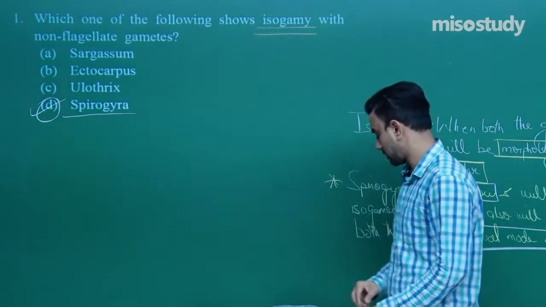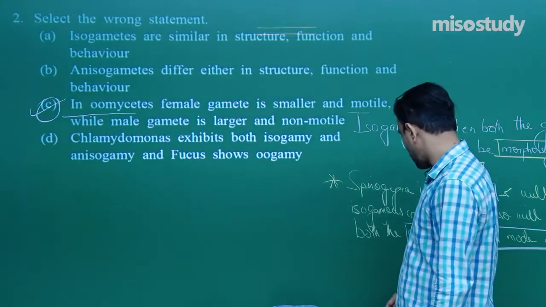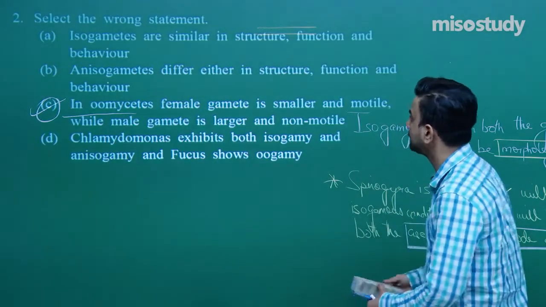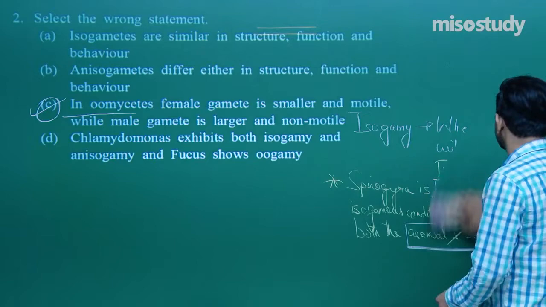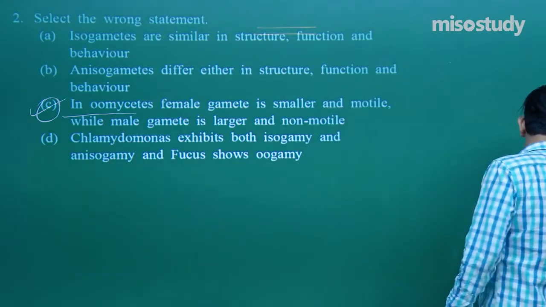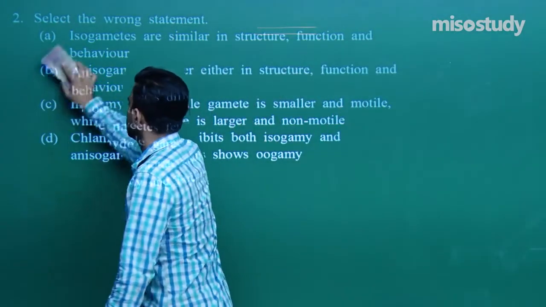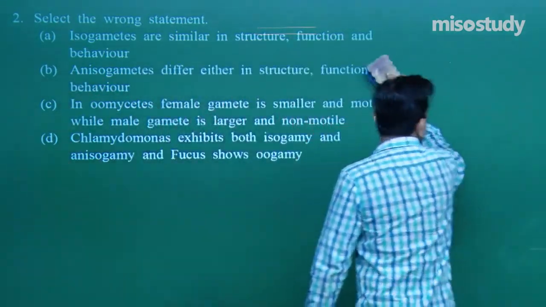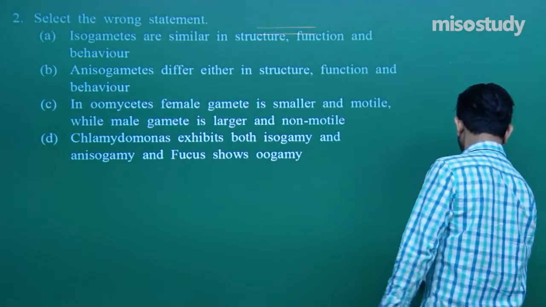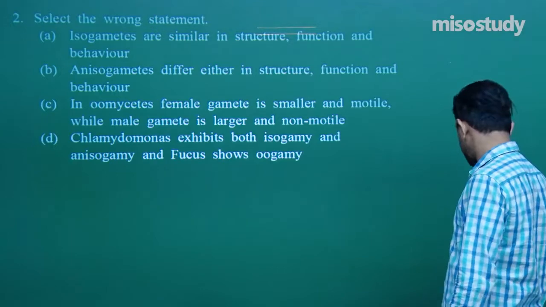Let us move to the next question. Select the wrong statement. Isogametes are similar in structure, function and behavior.